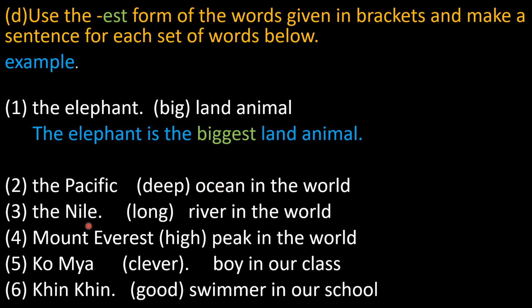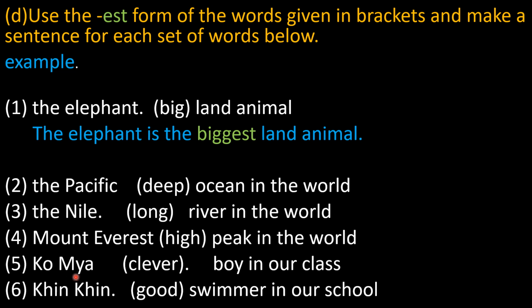The Nile, long river in the world. The Nile is the longest river in the world. Mount Everest, high peak in the world. Mount Everest is the highest peak in the world.